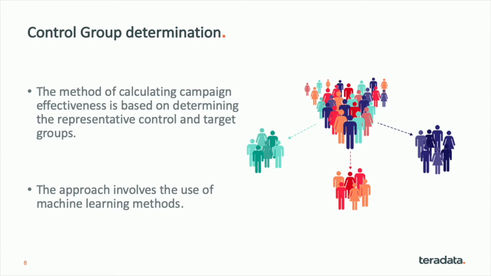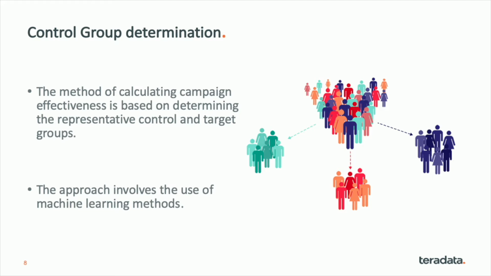After our team makes an offer, we can send it to our client or not. If we decide to send it, this participant goes to the target group. If we decide not to send, it goes to the control group.